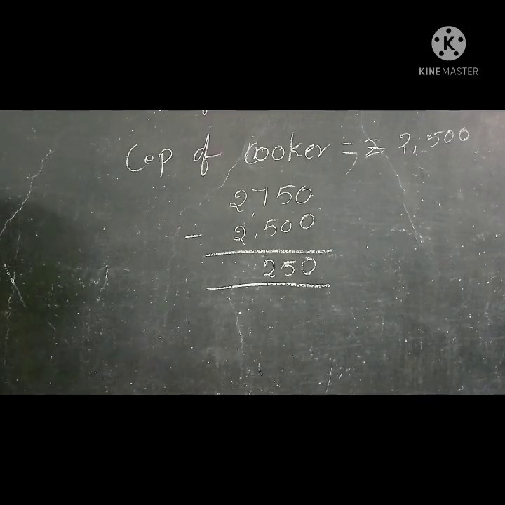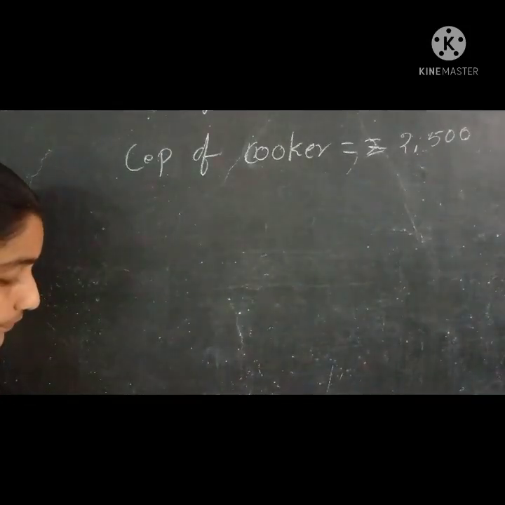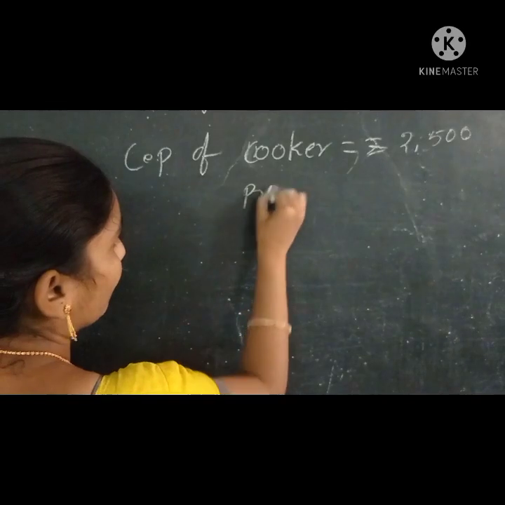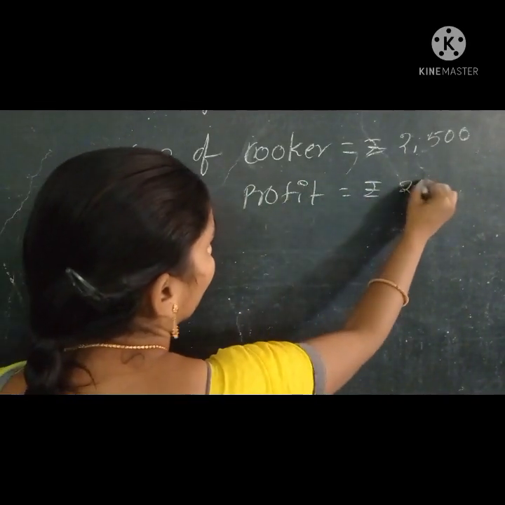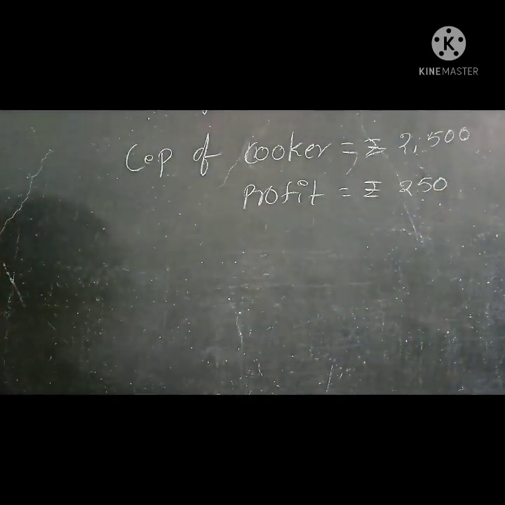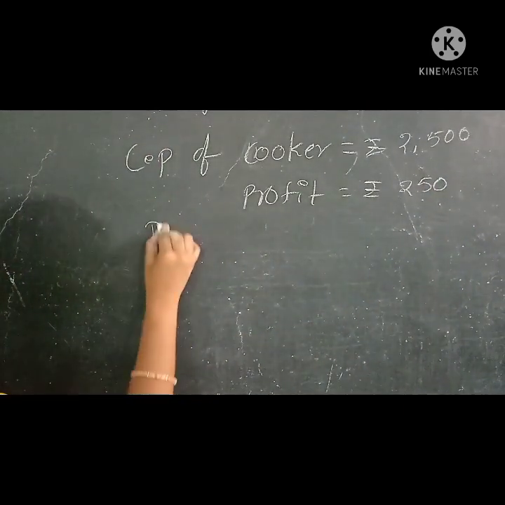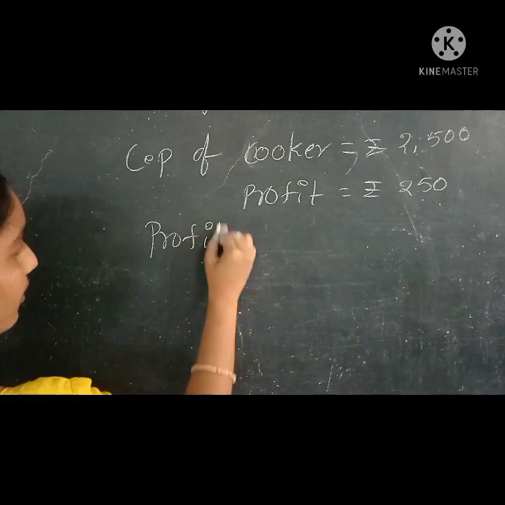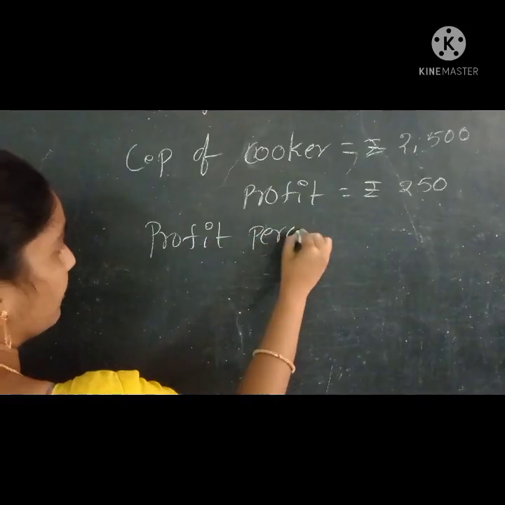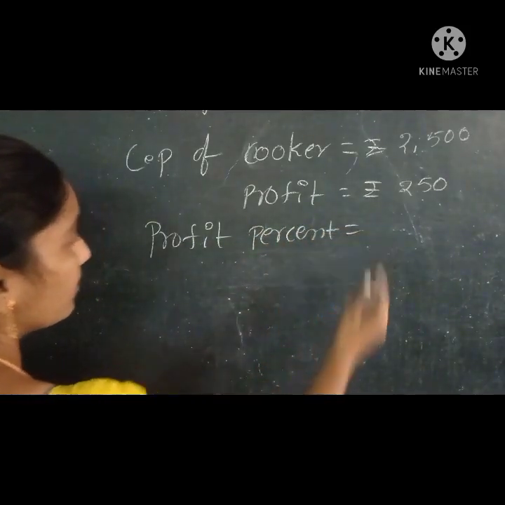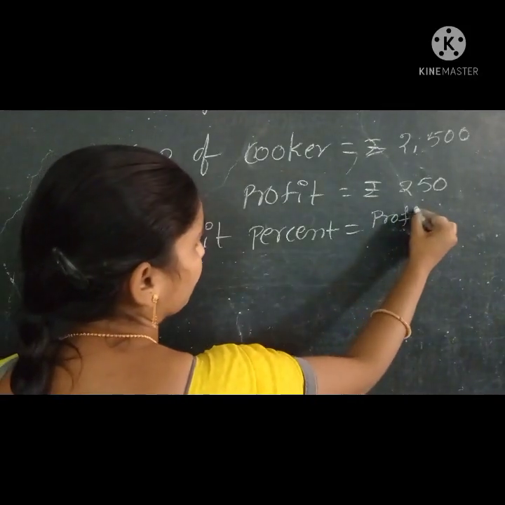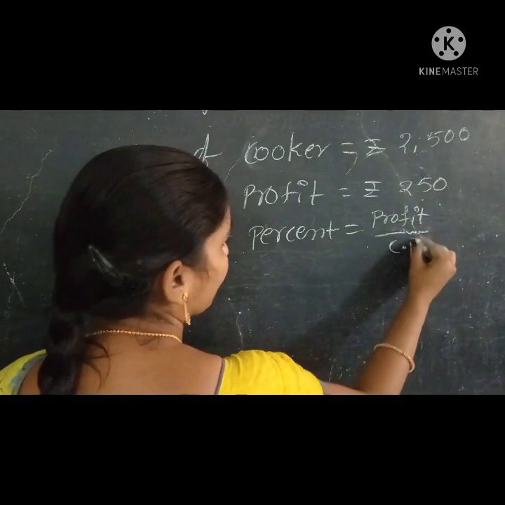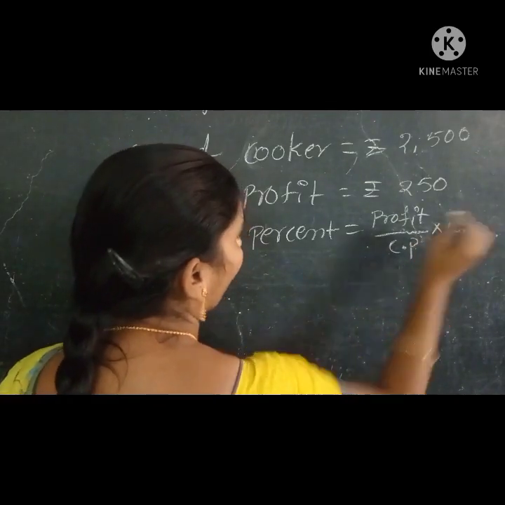So what is the formula for profit percent? First write the profit is equal to how much rupees? 250 rupees. Now write down the profit percent formula. Profit percent is equal to profit by cost price into 100.